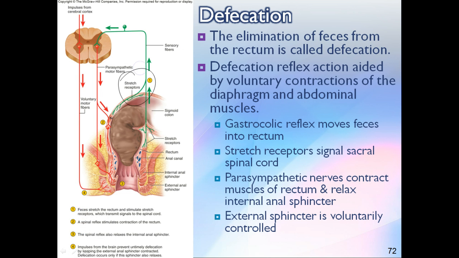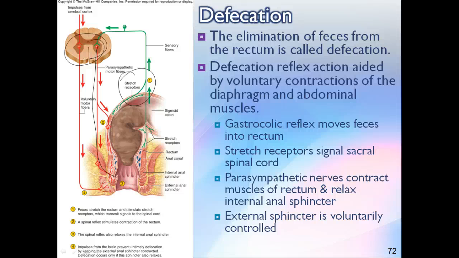Stretch receptors within the rectum detect the presence of fecal matter. Those stretch receptors signal the sacral region of the spinal cord where the defecation reflex is activated. Parasympathetic signals from that sacral region are going to come down and inhibit the smooth muscles within the internal anal sphincter, and hopefully you are able to find a bathroom where you can also voluntarily relax that external anal sphincter for defecation.